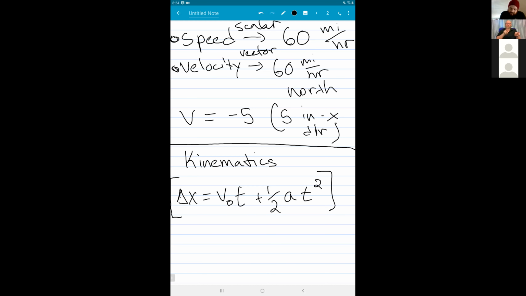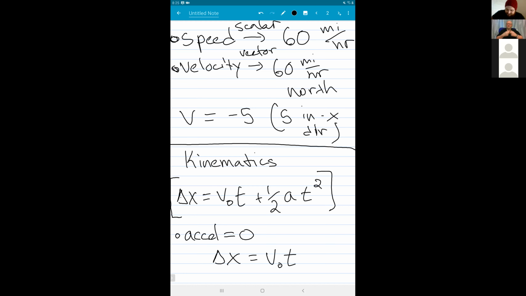What if we have acceleration equals 0? If you have a situation where there's no acceleration acting on this object at all, then the equation reduces to your change of position is equal to your initial velocity times time. And that's probably the first kinematics problem everybody is introduced to, before you even know what a kinematics problem is.